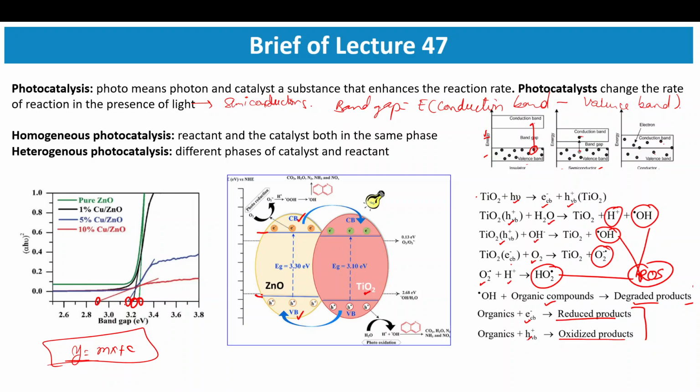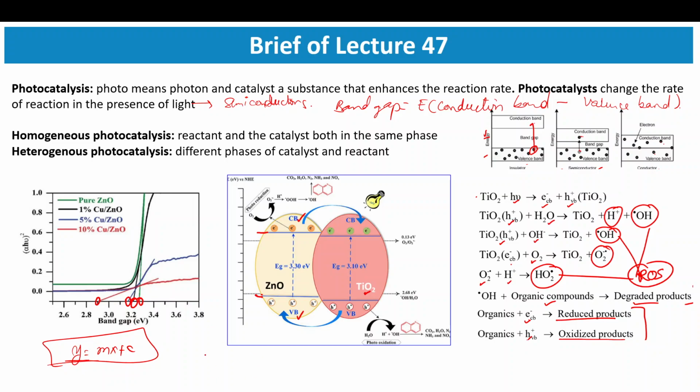That intercept is obtained when you extrapolate this linear region, whether it's very steep or slightly slanting, up to the x-axis to find the band gap, right? So that will give you directly the band gap.